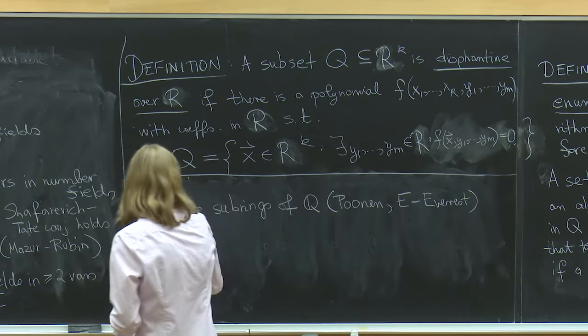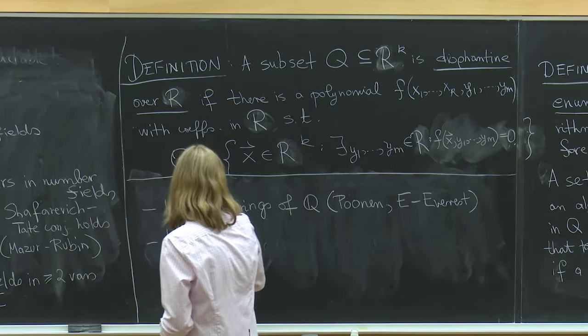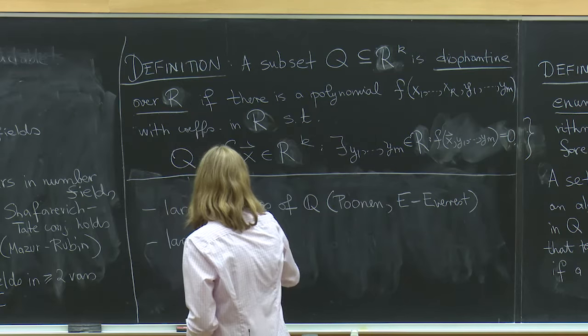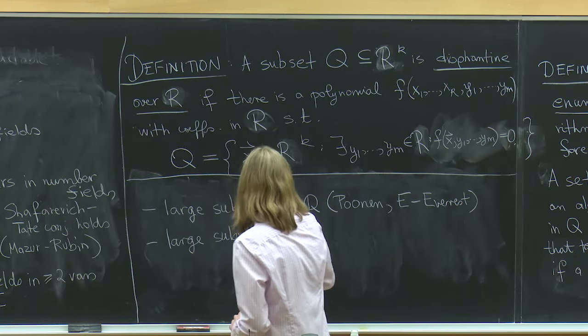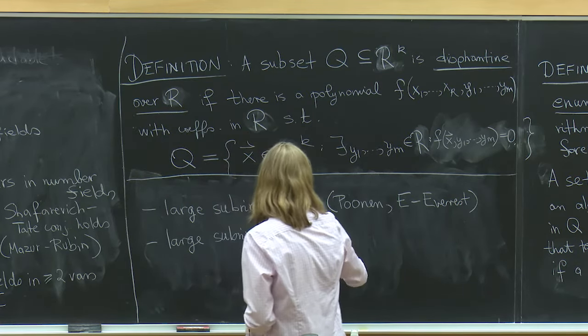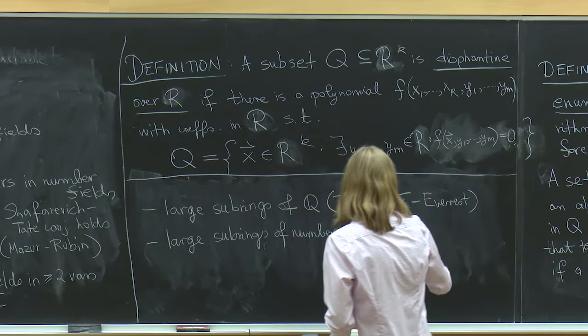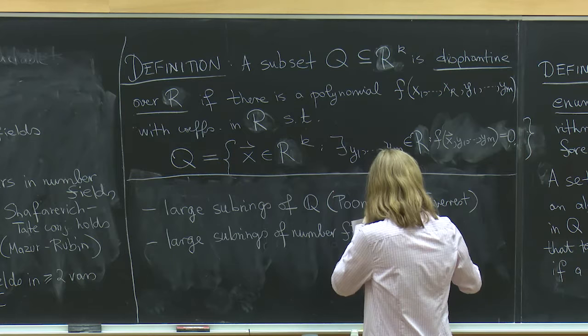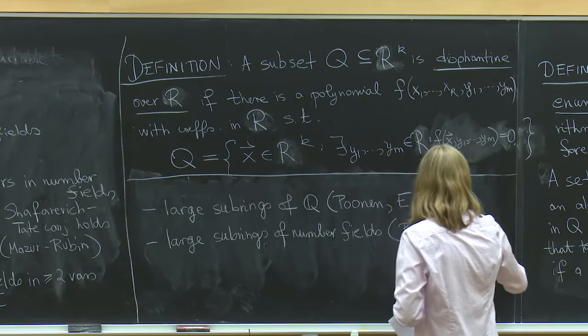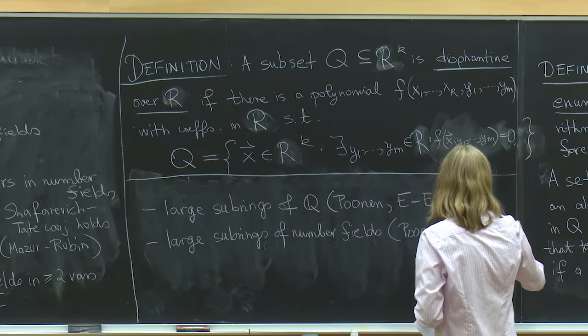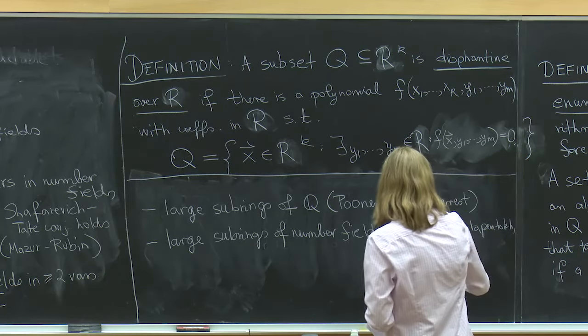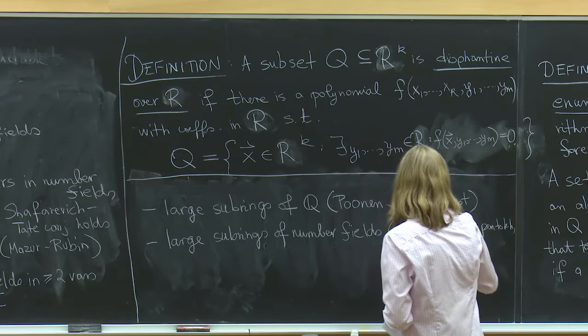The same construction can also be done for a number field. The original case was done by Poonen and Shlapentokh, and then there was a generalization by myself, Shlapentokh, and Graham Everest.